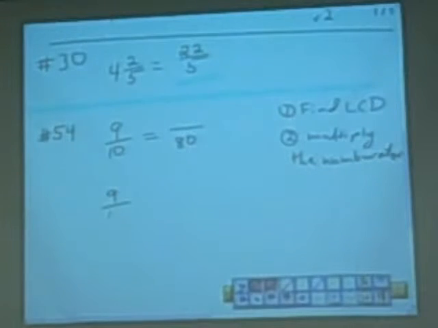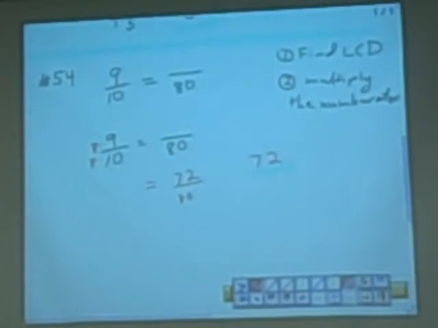So I'm going to rewrite this: 9 over 10 equals blank over 80. What times 10 will give us 80? 8. So we multiply 8 over 8. 8 times 9 is 72, and 8 times 10 is 80. So 72 is what would go in the numerator.